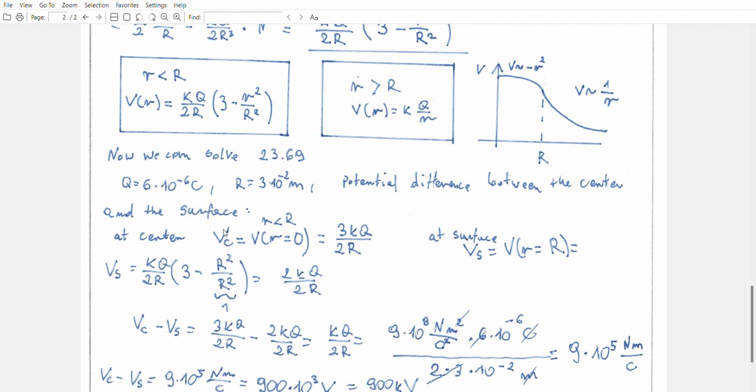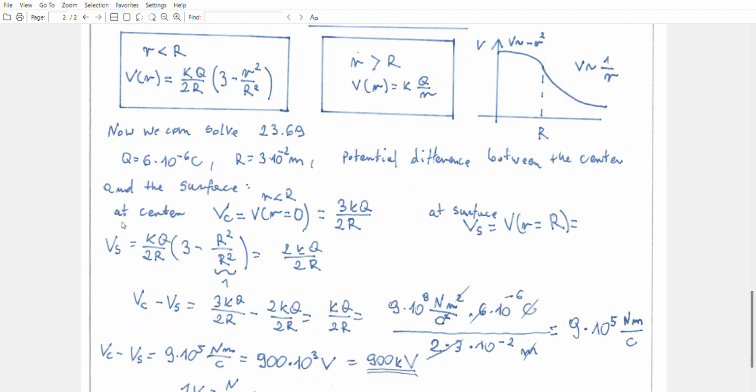What is the potential exactly in the center? It's for r equal to 0, but we need to use the equation for r smaller than R, this one. And when we substitute 0 as r, we end up only with this term, which is here. And at the surface, we have to substitute as r the value of our radius R squared.